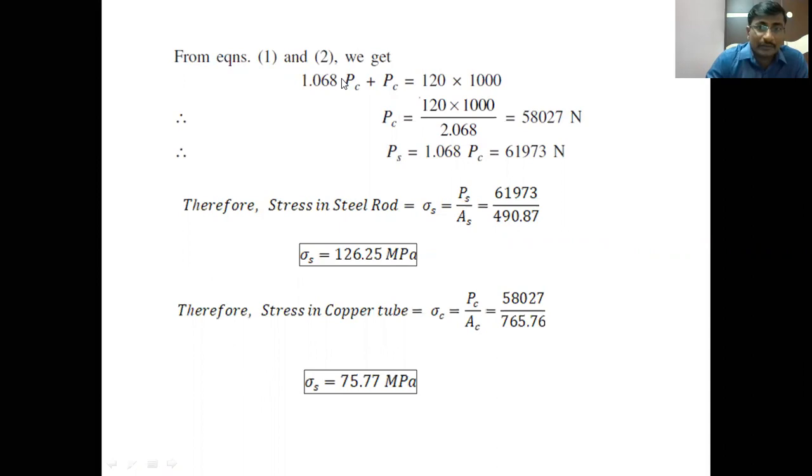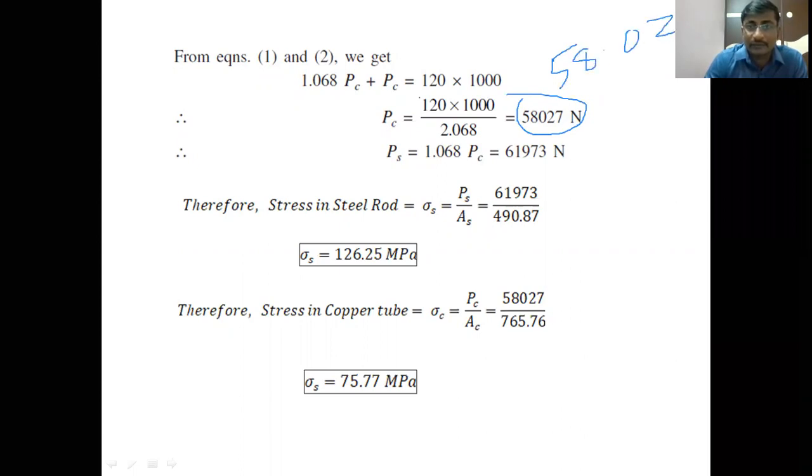So PC can be taken common, 2.068, taken into the denominator on the right hand side. So 120 into 1000 divided by 2.068, then we get the load shared by the copper material as 58,027 newtons.